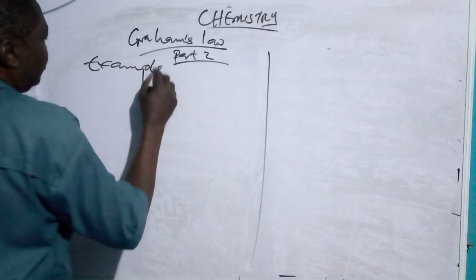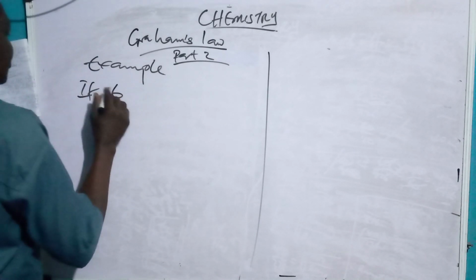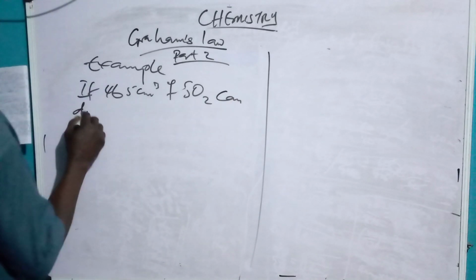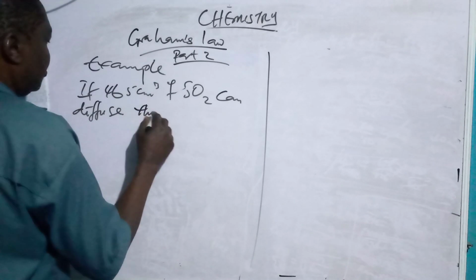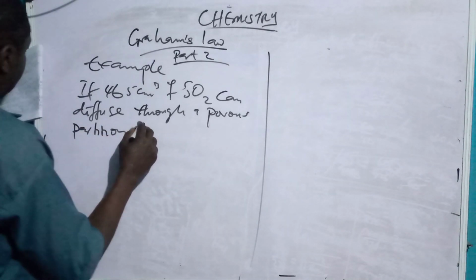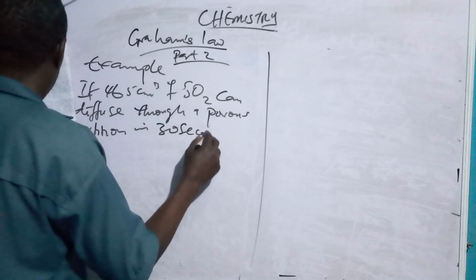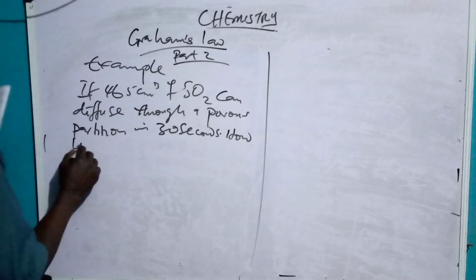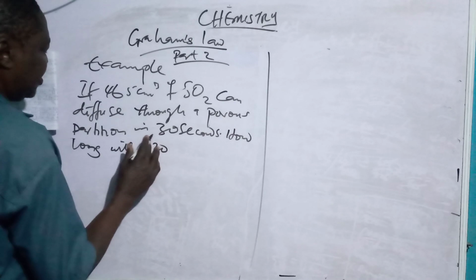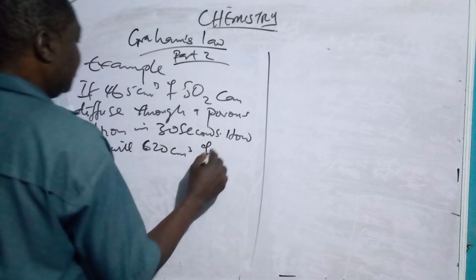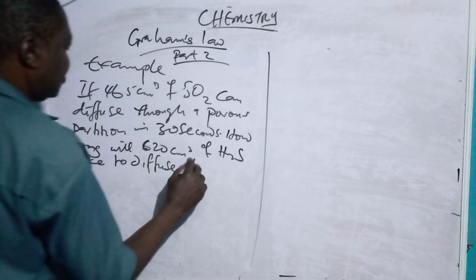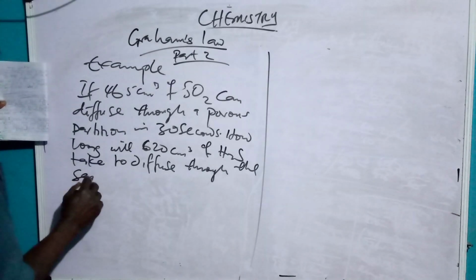Example: if 465 cm³ of sulfur oxide can diffuse through a porous partition in 30 seconds, how long will 620 cm³ of H2S take to diffuse through the same partition?